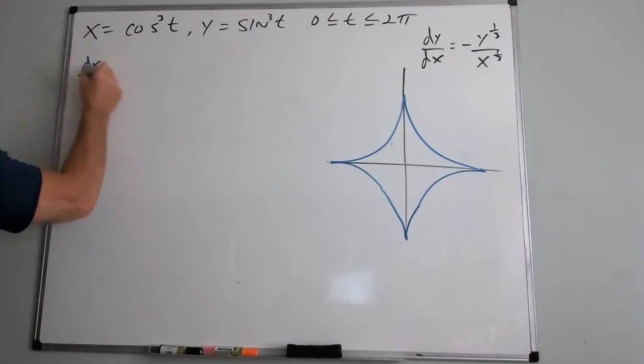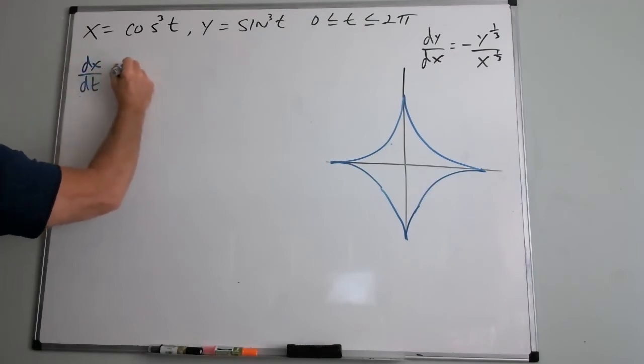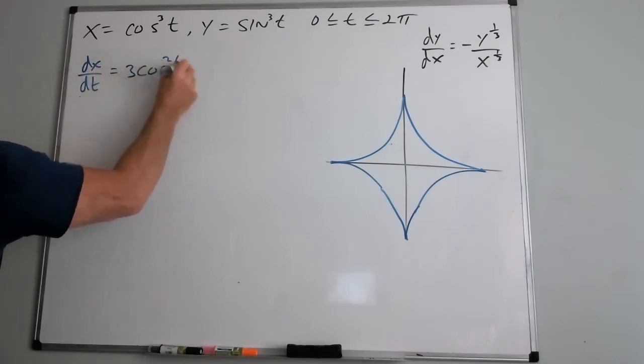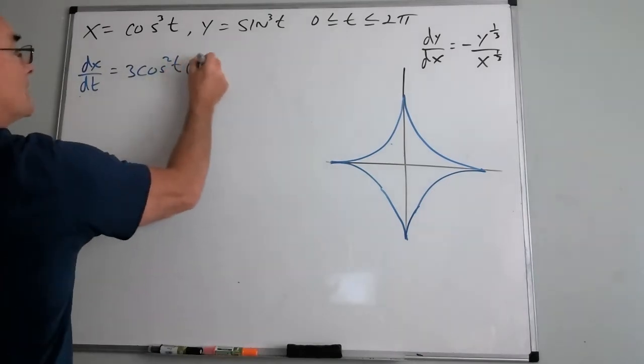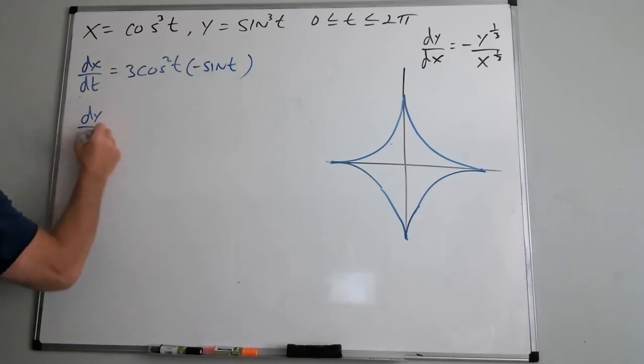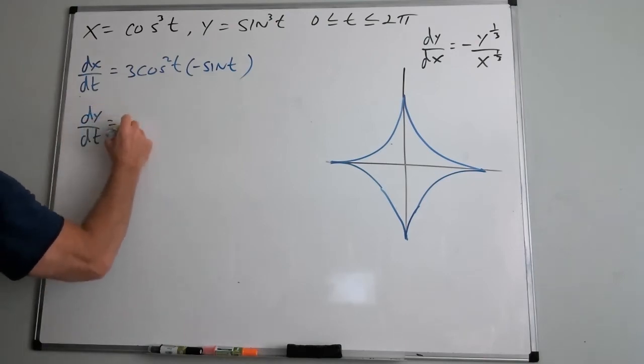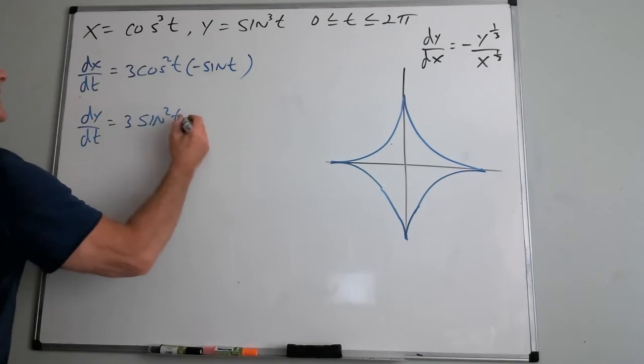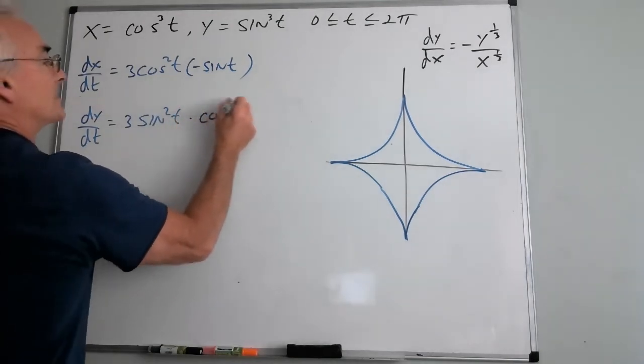So dx/dt would be 3 cosine squared t times the derivative, which would be negative sine t. dy/dt would be 3 sine squared t times the derivative, which would be cos t.